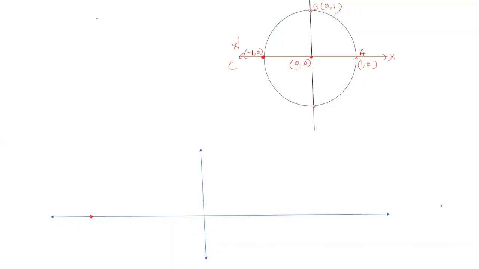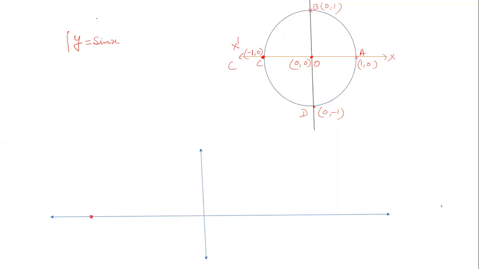And say this point is D, its coordinate would be 0, -1. And this point is O. With the help of this, we will draw the graph of y equals sin x.